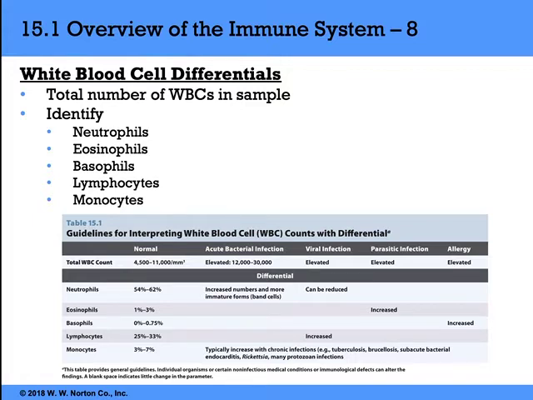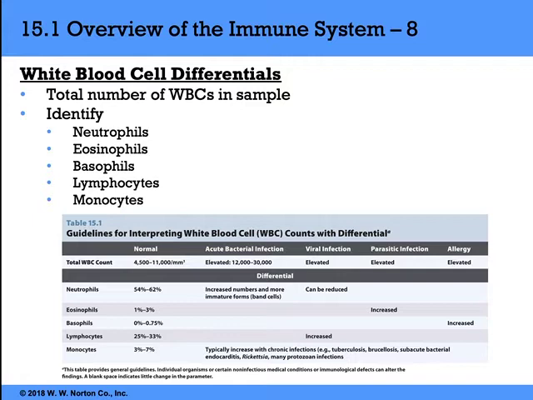Okay. One place where the white count gets elevated, but there is no infection going on, is leukemia. Okay. And the problem there is that the bone marrow, the red bone marrow, has suffered either a viral infection or a mutation of some kind, and the stem cells that produce the leukocytes begin to produce large numbers of white blood cells that really don't do anything for the host.